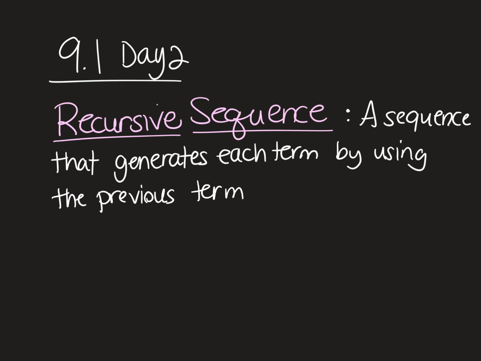I'll just put the S in parentheses just to denote it might just be that you only use one term. It might be that you use multiple terms. Just depends on the sequence.